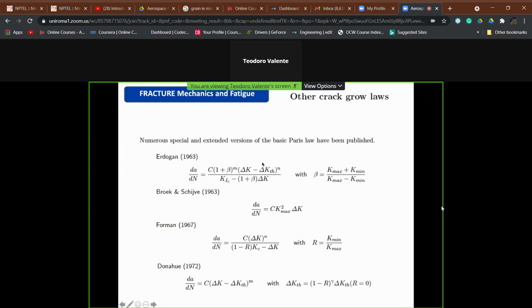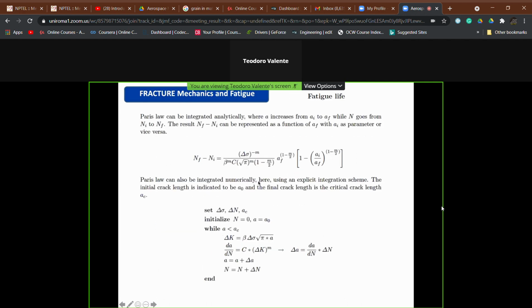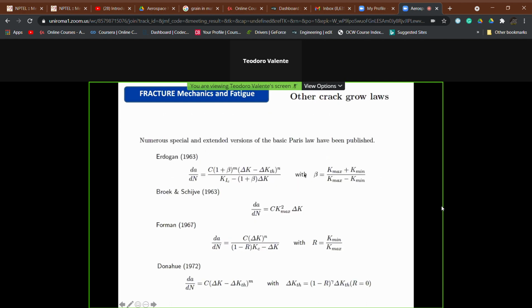And then we have beta in this case, which has a meaning different from those reported here, because it is evaluated by using this ratio: the sum of the maximum and minimum values of the stress intensity factor divided by the difference, maximum minus minimum. Here you have other expressions, but you see the meanings are all the same.